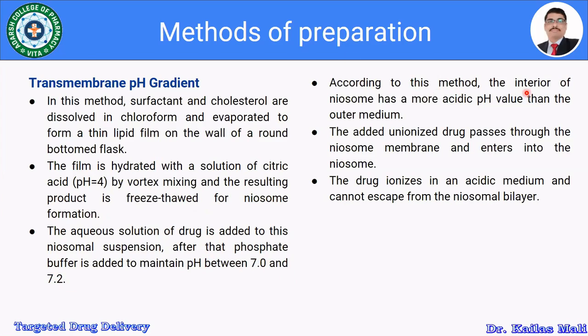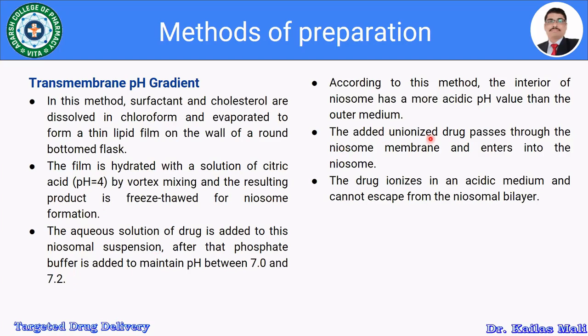According to this method, the interior of the niosome has a more acidic value than the outer medium, as the film is hydrated with a solution of citric acid which has a pH of 4. Furthermore, we are getting the niosome. And when we add further aqueous solution, which has a pH of 7 to 7.2, the inside core pH is 4 and the outside pH is 7.2.